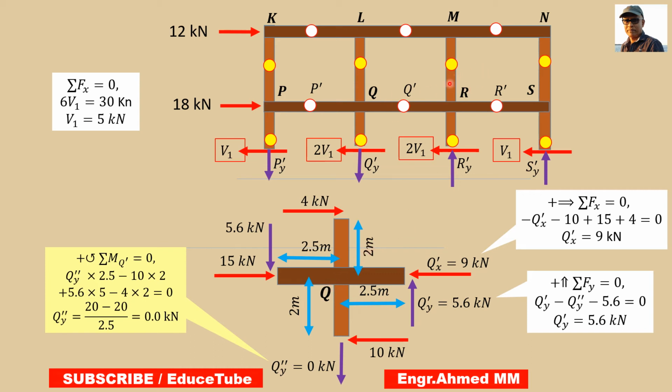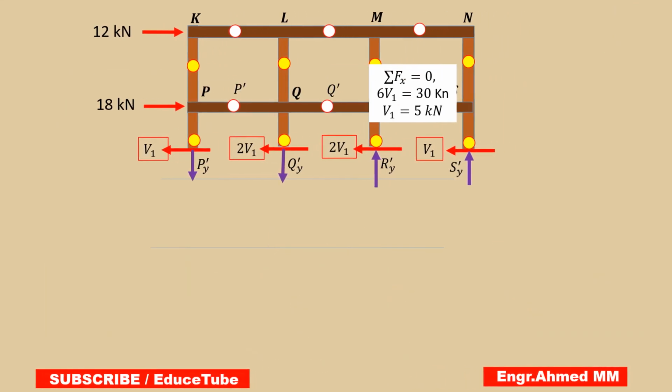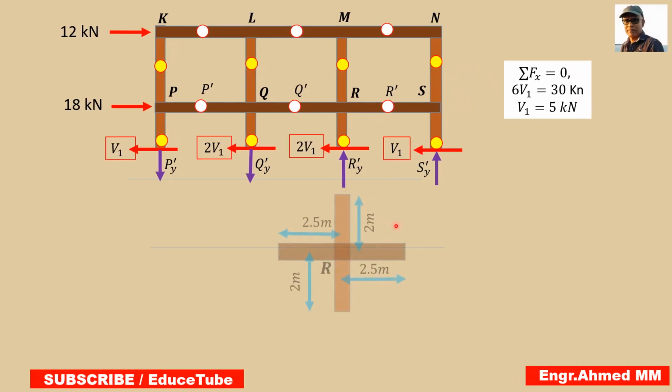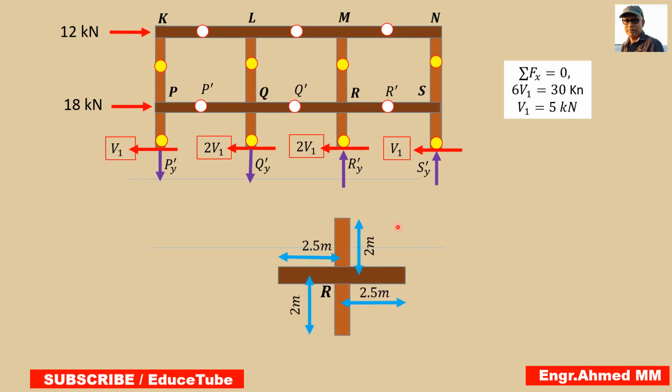So let's move to R segments. In this segment, first we look at these points. How to get this? Surely R segment is taken from these 4 hinges. So surely we need to know the reaction components at these points.